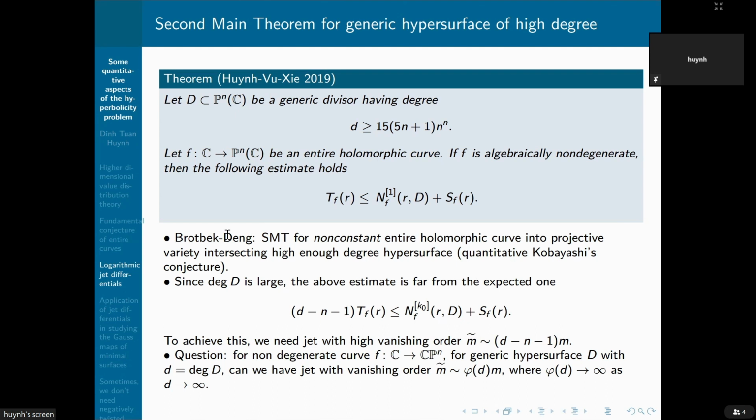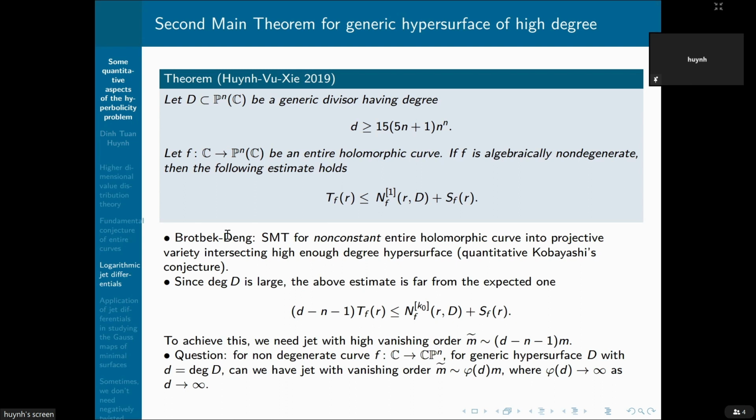So to get the fundamental conjecture for entire curves, we need a Green-Griffiths jet with very high vanishing order, around (d minus n minus 1) times the degree. And at the moment, it's really difficult to get that. The reason is that in the strategy to deal with the logarithmic Green-Griffiths or Kobayashi conjecture, we start with some jet with very high vanishing order.